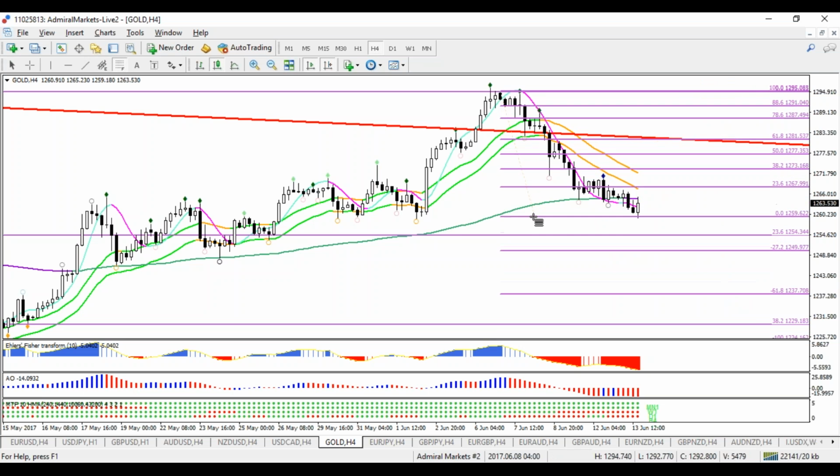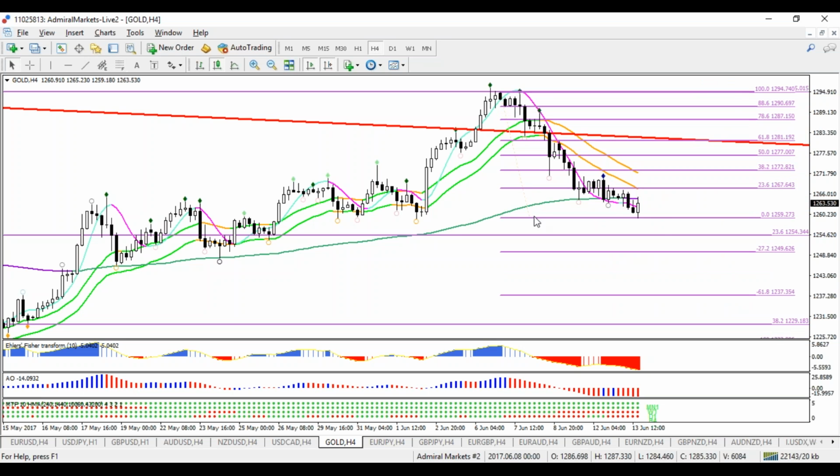So I'll put a fib from here to here. And I think anywhere around here could be interesting reversals for downside. 50, 61, 78, 88.6 fib, but not breaking this top. So something like this.